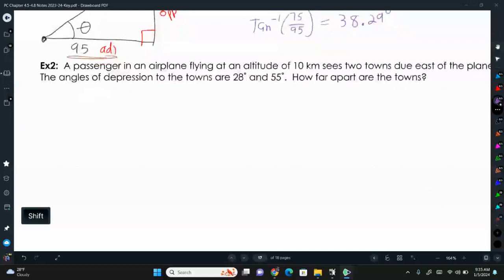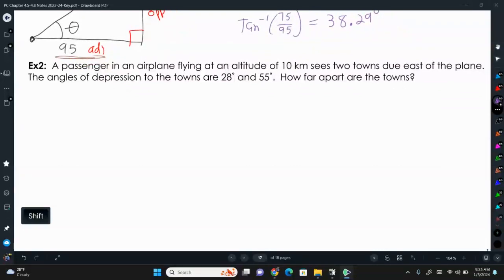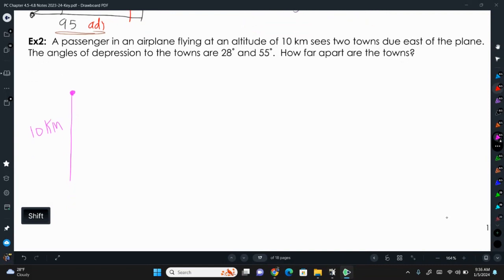Now, example 2 is a little bit more difficult. It says a passenger on an airplane flying at an altitude of 10 kilometers sees 2 towns due east of the plane. The angle of depression to the towns are 28 degrees and 55 degrees. How far apart are the towns? So the plane's up here, 10 kilometers above the ground, and we have 2 towns, town 1 and town 2.